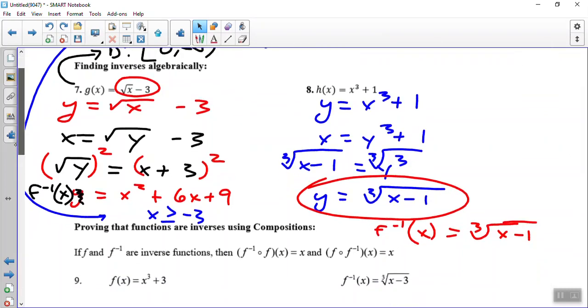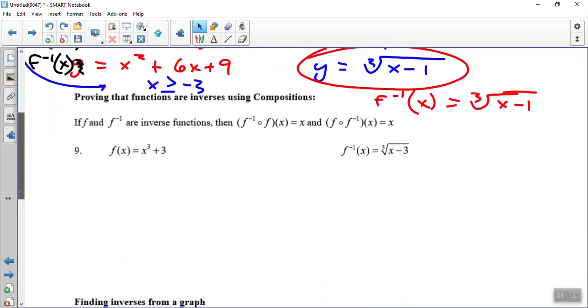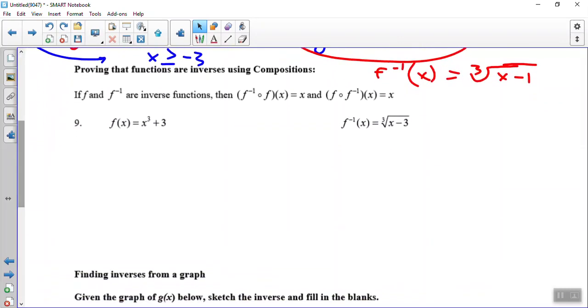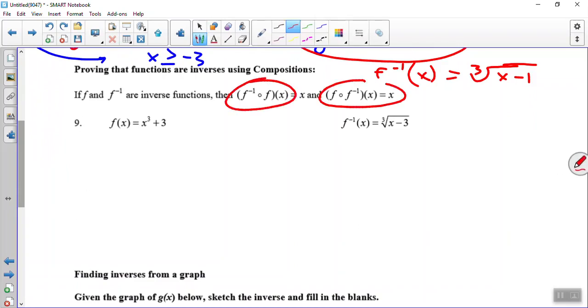Now, let's go back and do composition to prove that they're inverses. Okay, so again, what all of this means up here, remember, composition is when you take one function and put it inside of another. So this first one, this means f inverse of f of x. So I take f of x and put inside of the inverse wherever I see an x.